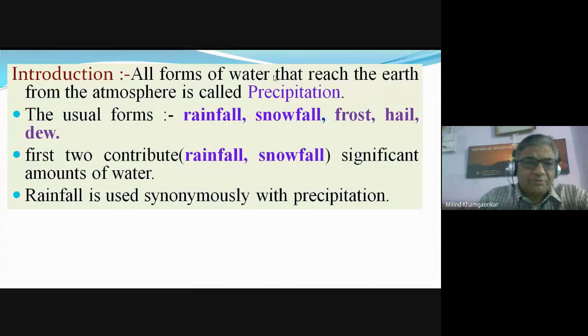The usual forms of water which reach the earth from the atmosphere are rainfall, which we regularly experience in our area, snowfall, frost, hail and dews.